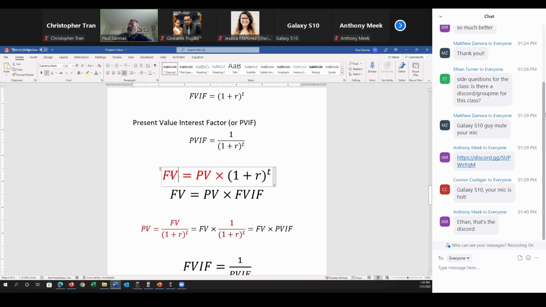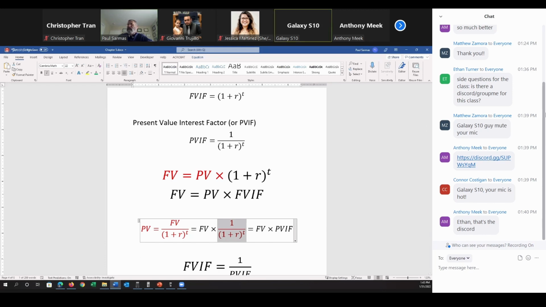Here, you're calculating future value. I can rewrite this as future value times 1 over (1 plus R) to the power T, instead of writing future value divided by (1 plus R) to the power T.